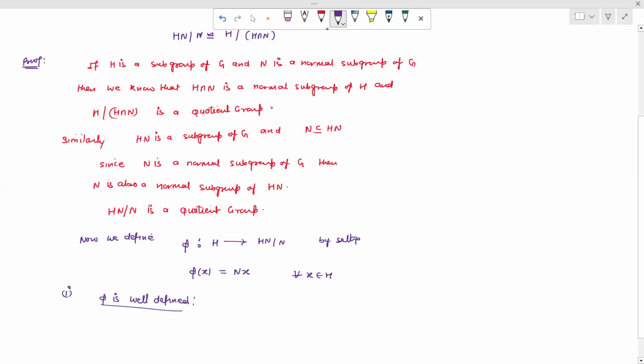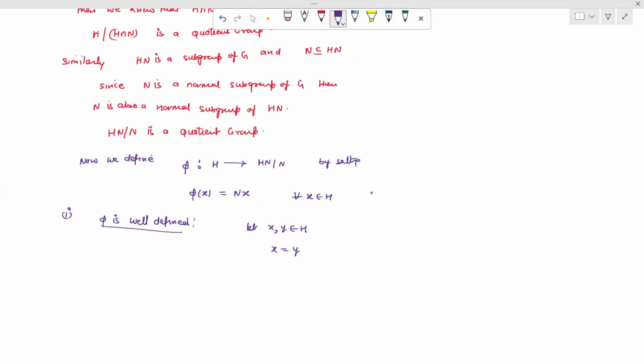For proving the function is well defined, we consider x and y to be two elements of H. So we take x is equal to y. So when x is equal to y, this can be written as Nx is equal to Ny, because x and y belong to H. So Nx equal to Ny can be written as phi of x equal to phi of y, by using the definition.